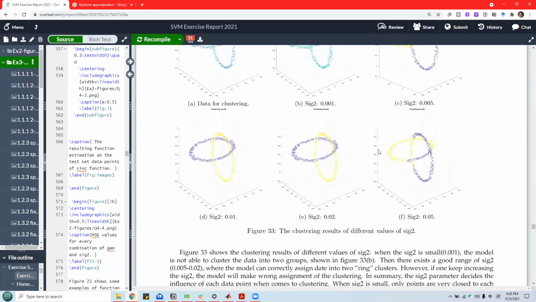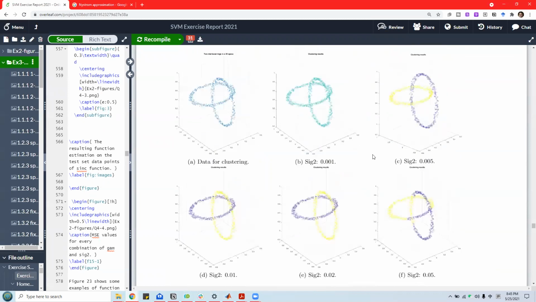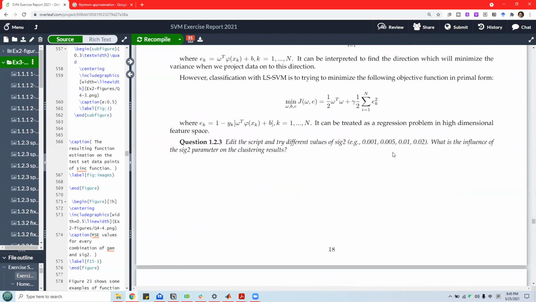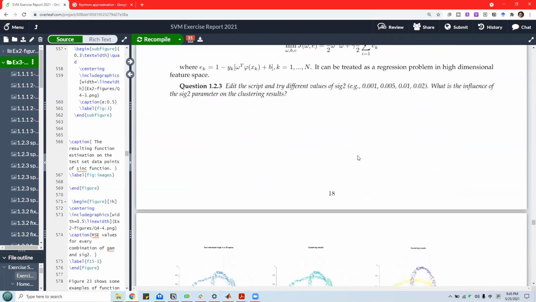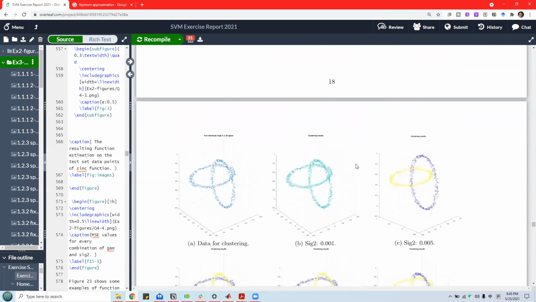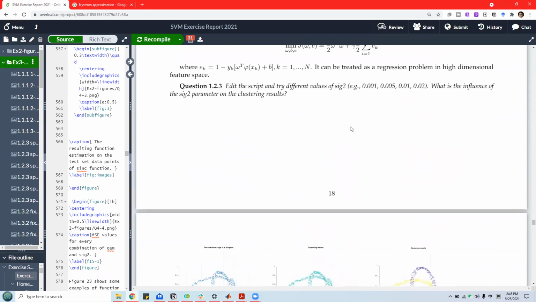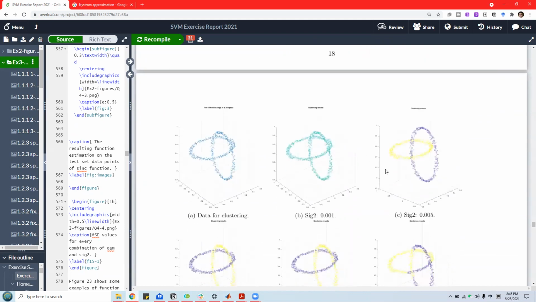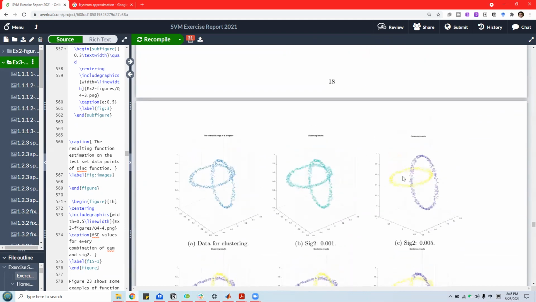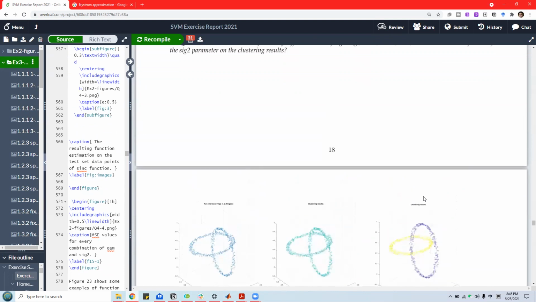So what is the influence? If that is the case, I think for sigma 2 you still need it to be in a good range. You cannot have it too small or too big, so that you can get the correct, desired cluster results.